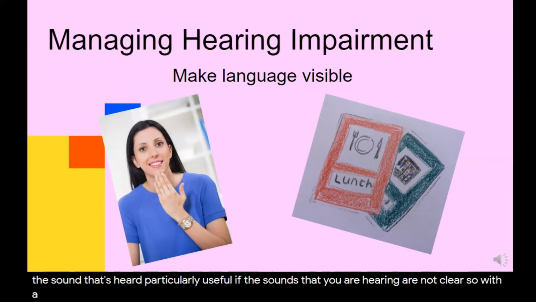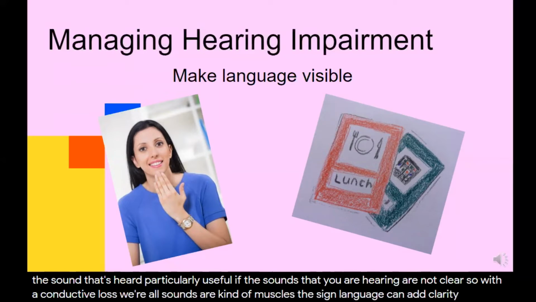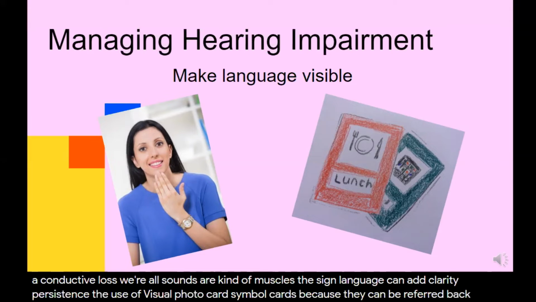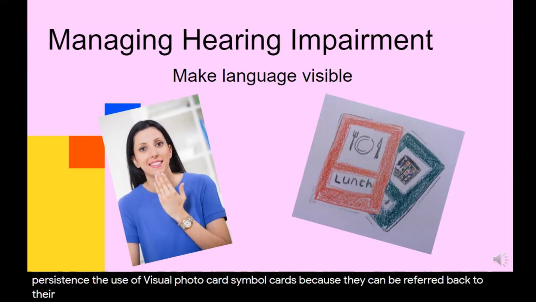So with a conductive loss, where all sounds are kind of muffled, the sign language can add clarity and consistency. Now, the use of visual photo cards, symbol cards are also extremely useful because they can be referred back to. They're something tangible that you can look back to.